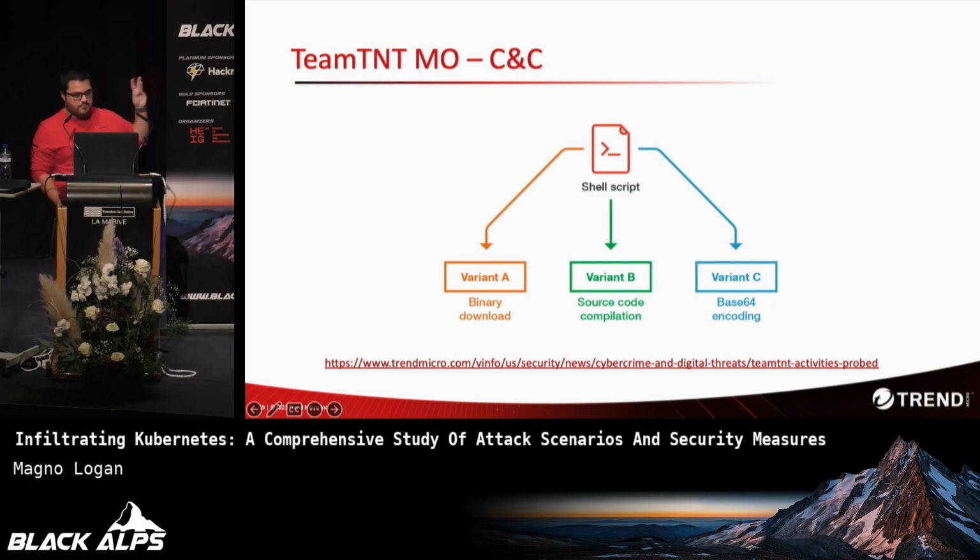And they had three variants. Variant A is a binary download, source code compilation, or base64 encoding. This is all described in the white paper, and we're going to cover variant C, the one that they leveraged the command and control to compromise almost 50,000 Kubernetes nodes, right?